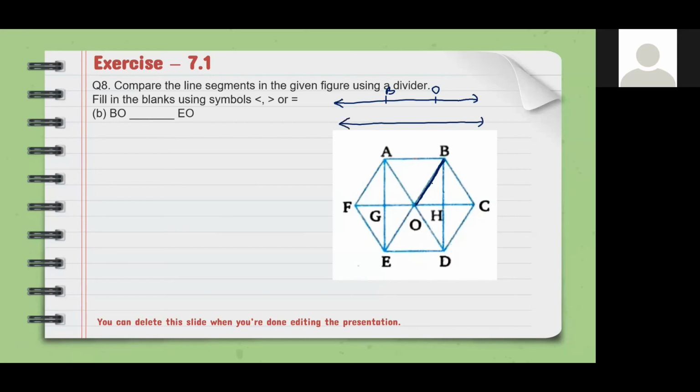You will measure the distance from E to O and it will come equal. EO distance and BO distance will come equal. So here the equal to sign will come. Okay. Next one.